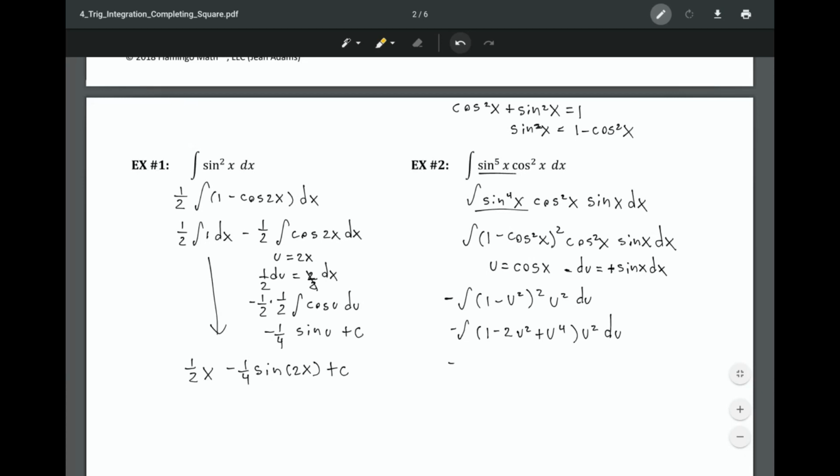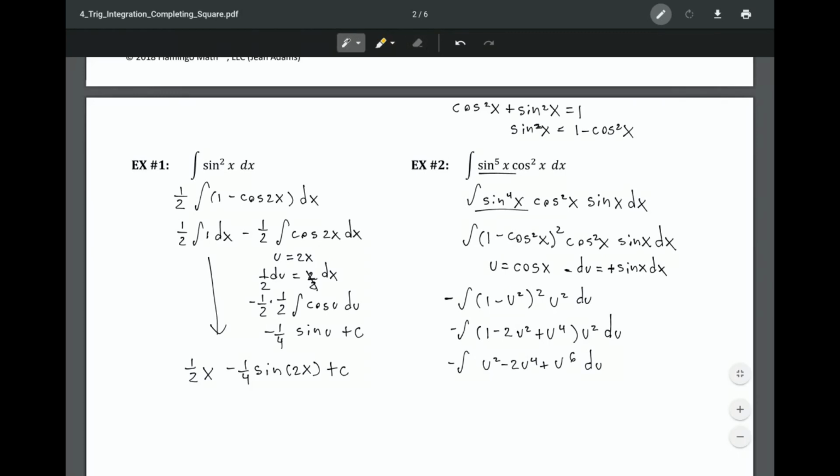I can go ahead and distribute this. So I have u squared minus 2u to the 4th plus u to the 6th du. And I guess I wrote parentheses, but I don't really have to, I suppose. All right, so now I'm going to go ahead and integrate.